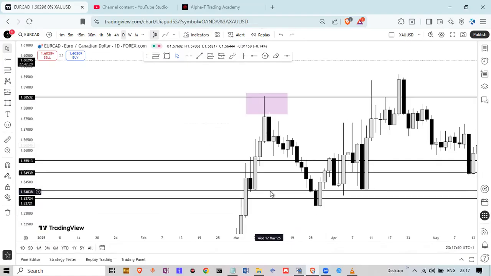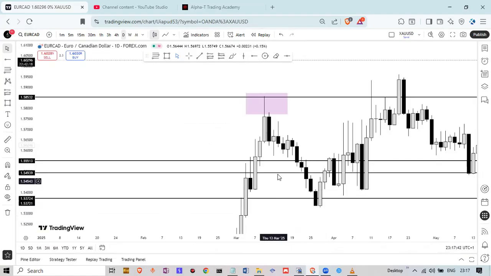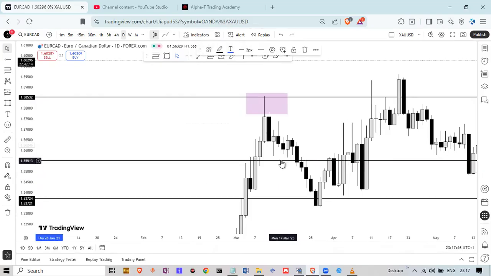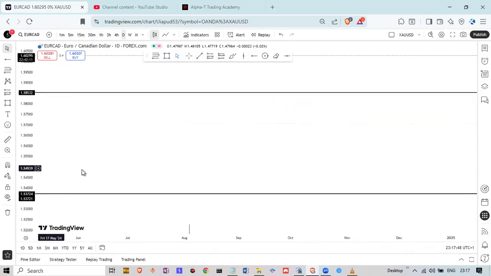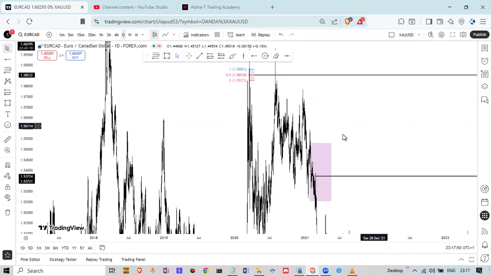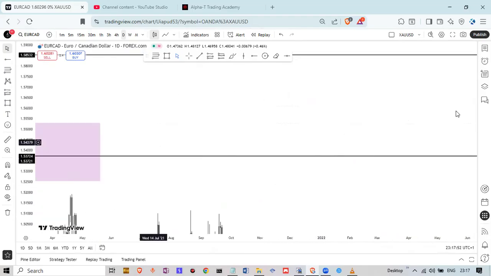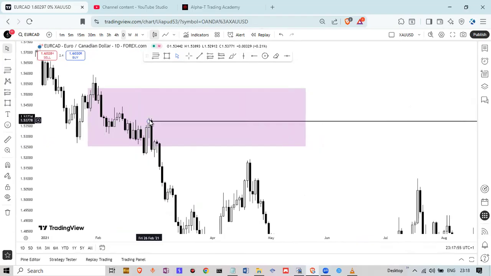Let me delete this. Let's narrow it down. Let's see where that level came from. Okay, it came from this guy here. So you can see. Was there any other level around it? Let's check. Okay, this is another level.